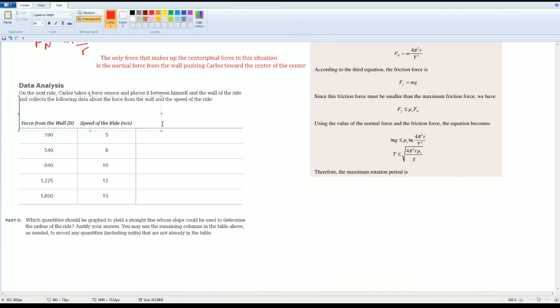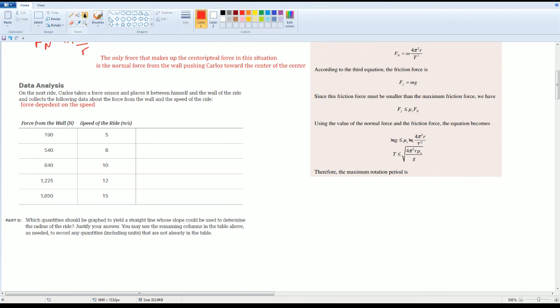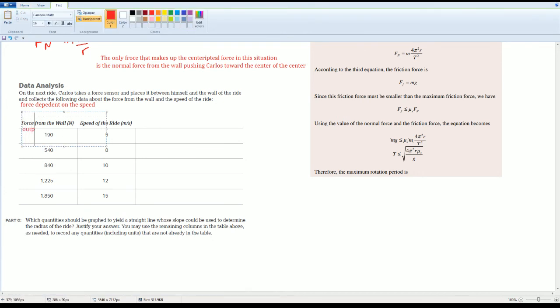So I would say force depends on the speed, right? So this force here would be the output, which is the y value.